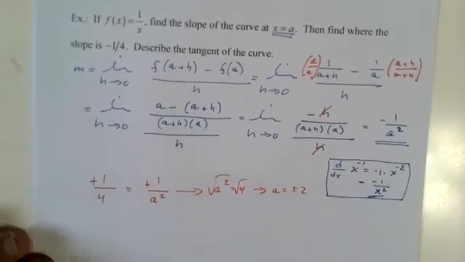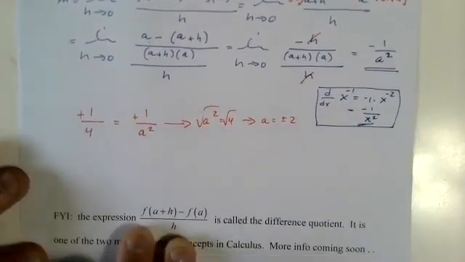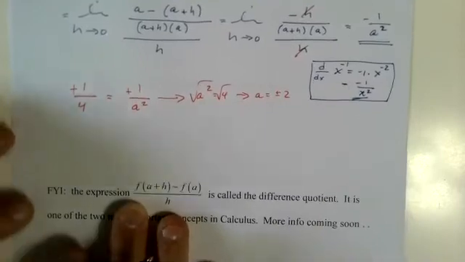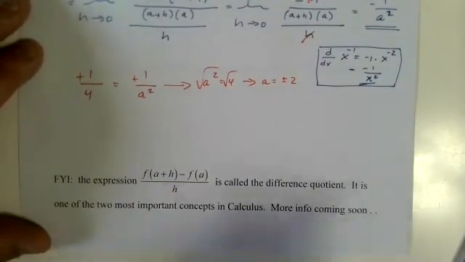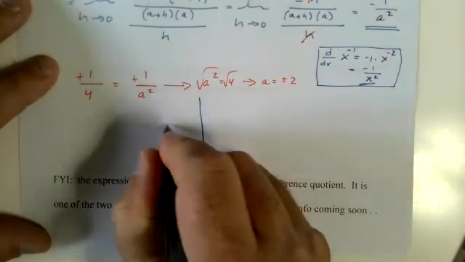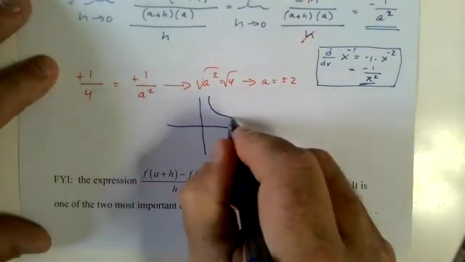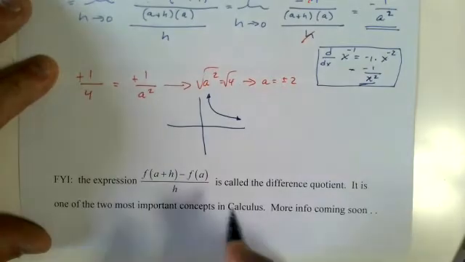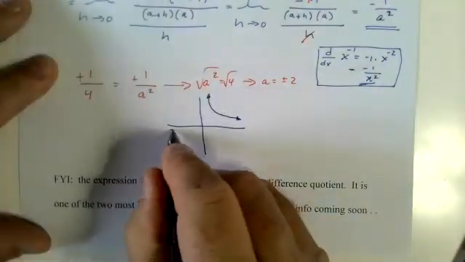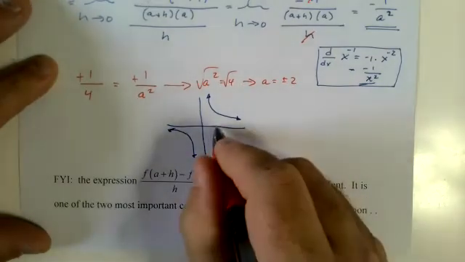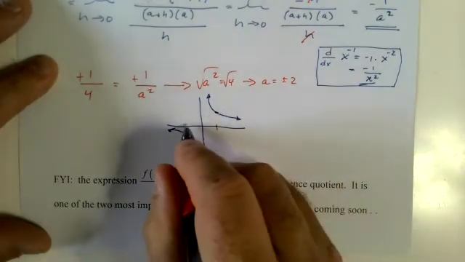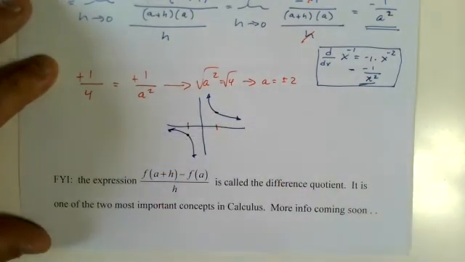Now here's the fun part. This actually makes sense. One over x graphs like this. And at plus or minus 2, the slope should be approximately negative 1/4.